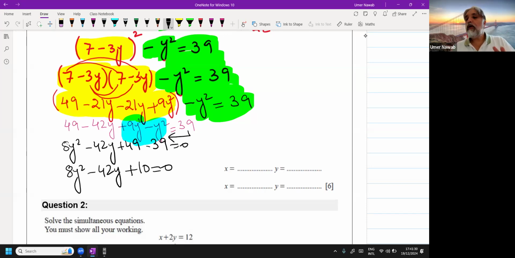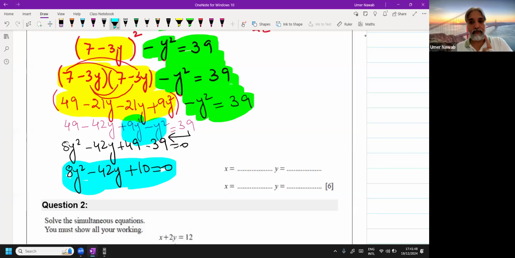Now, boys, I got a quadratic equation. Now, you may apply the quadratic formula in the exam, or you can go for factorization. Or the third thing is you may go with the calculator.